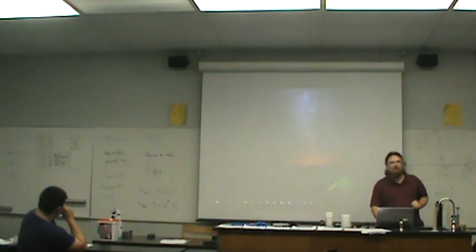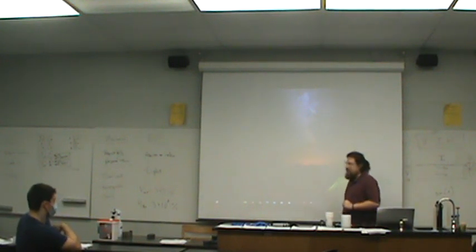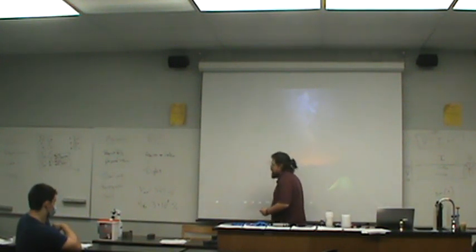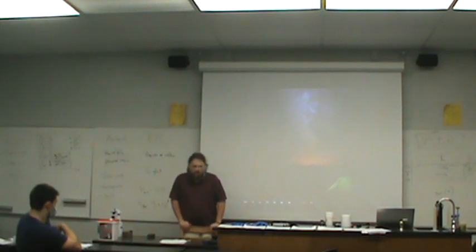And I would like to use that to sort of segue us into our next category, because we do need to talk a bit about waves. There's two specific kinds of waves that we're going to be looking at.